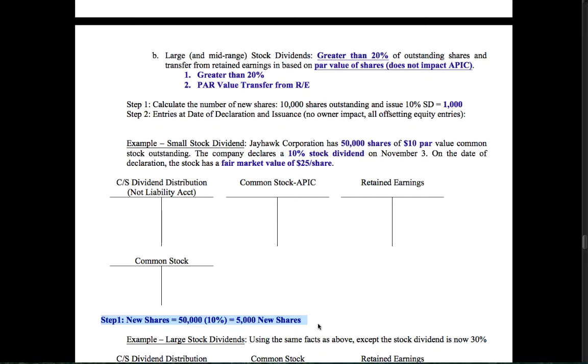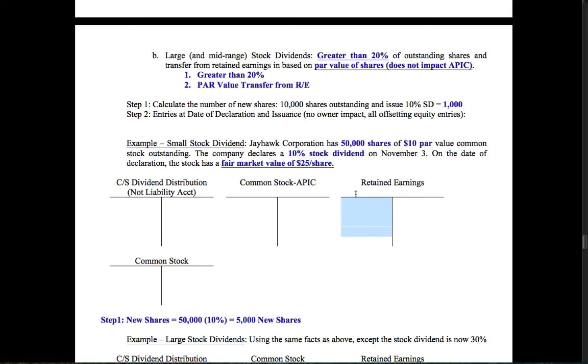First, let's do retained earnings, since that has been our focus. As we discussed previously, for small stock dividends, and you know this is small because it is less than 20%, we transfer the balance out of retained earnings at the fair market value, which in this example is $25 per share.